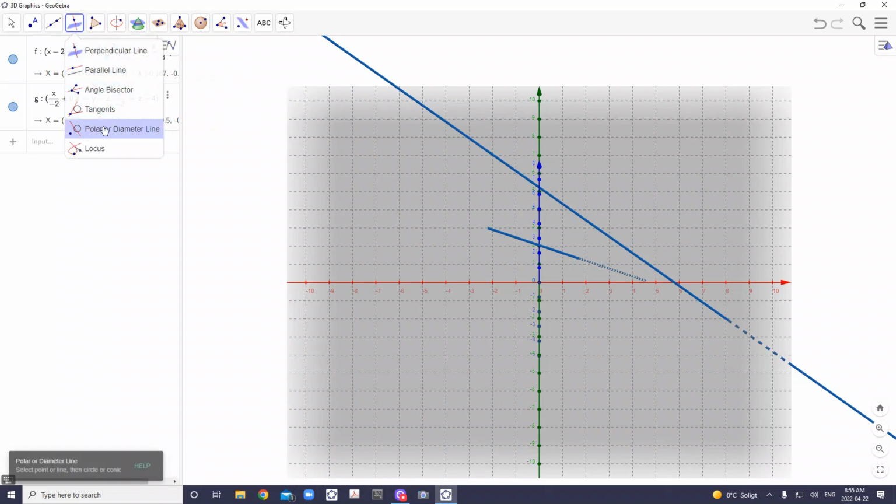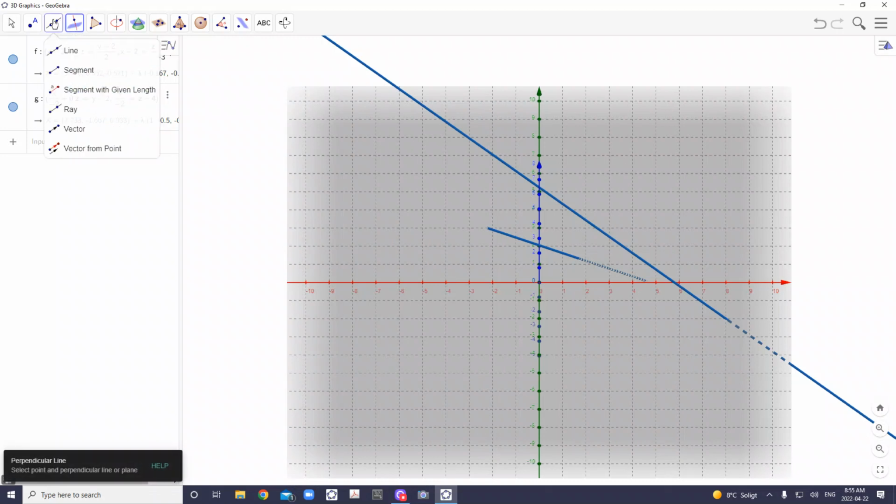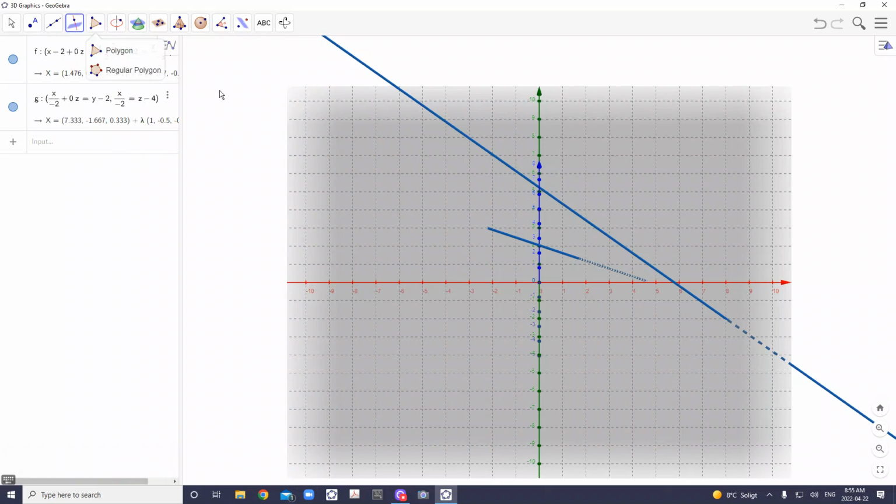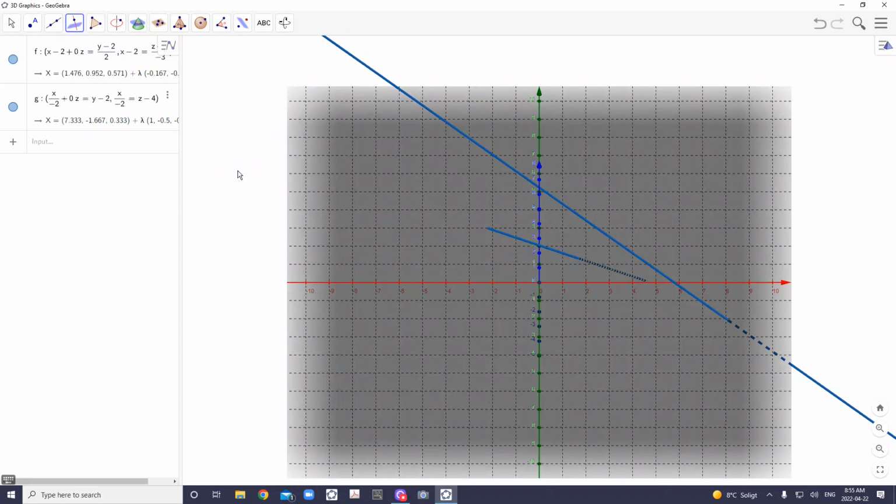Angle, bisector, tangents are probably not relevant, and of course you can also have these tools. Now tell me, using these tools only, how can I draw the common perpendicular line? And if you have any suggestions, you can just tell me. I will do it here for you, okay?